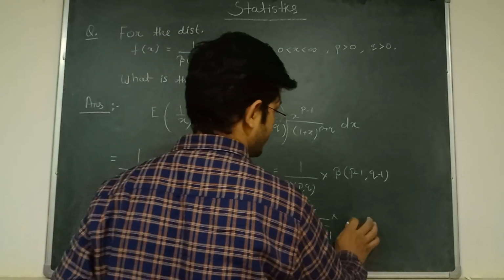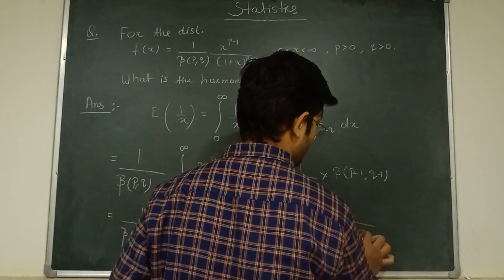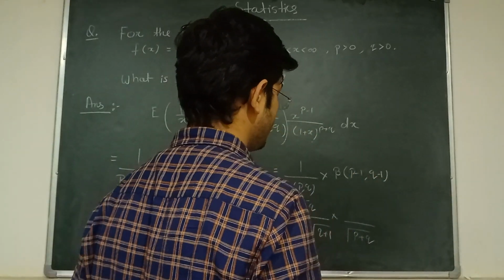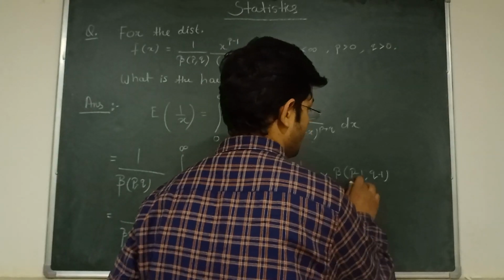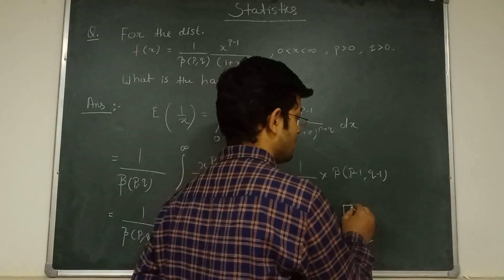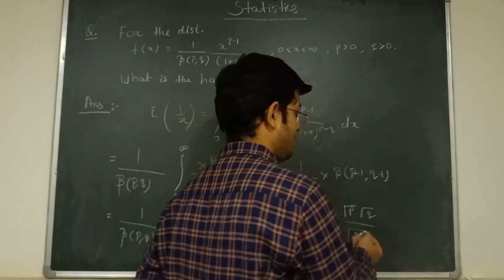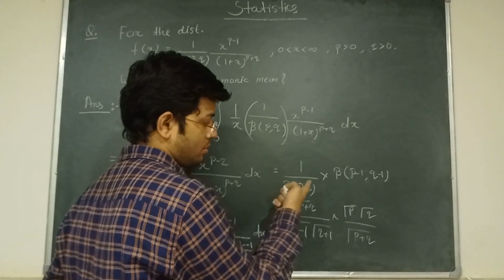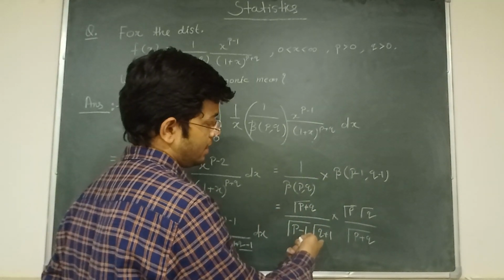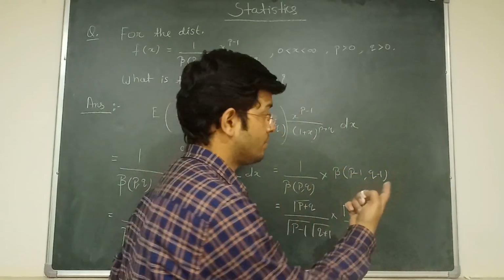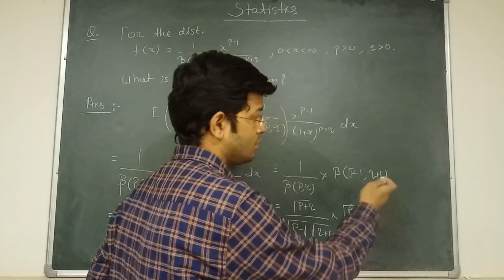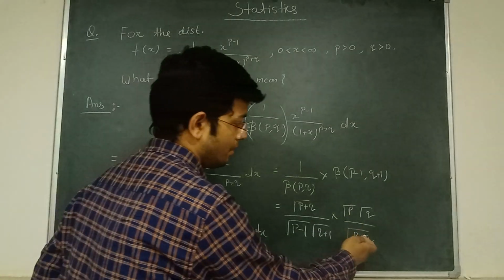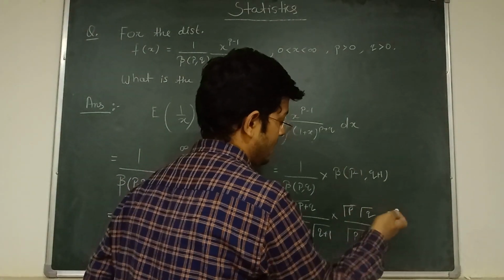Just opposite, p plus q in the denominator, and the p minus 1 and q minus 1, because p minus 1 is already given, so we have p and q. Why? Because we have not been given the minus 1, so we just take the minus 1 and the plus 1, and take the values in the place of this p and q.